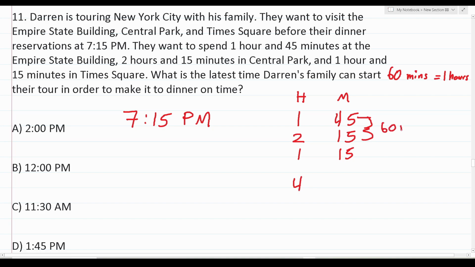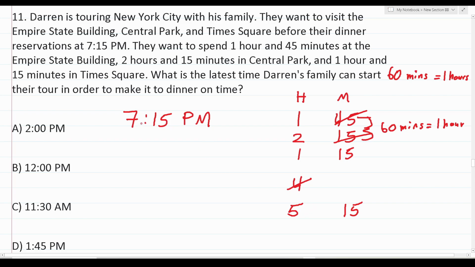So that's 60 minutes, which is 1 hour. So I'm going to take that hour, and I'm going to add it over here. So instead of being 4 hours, this is going to be 5 hours. So we took care of those two, and now we're just left with 15 minutes over there. So in total, they're going to spend 5 hours and 15 minutes on this tour.